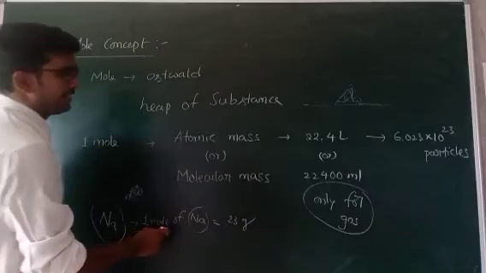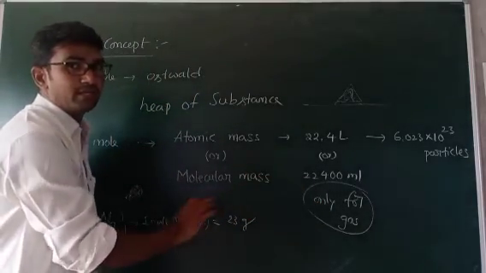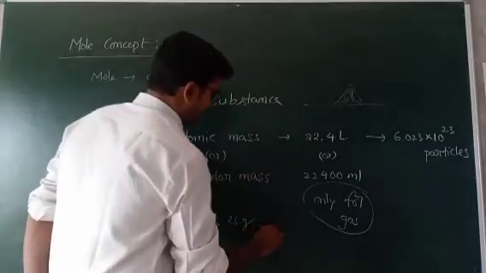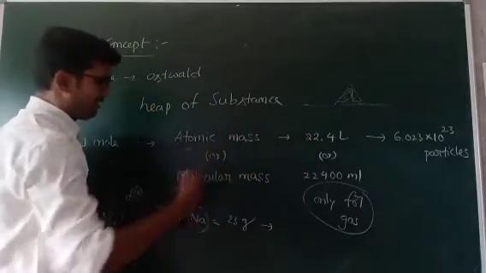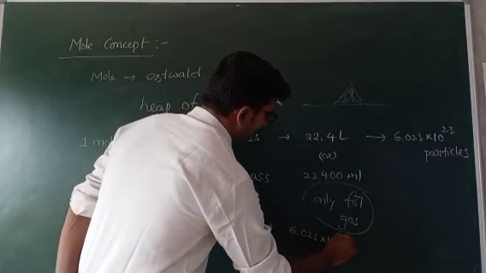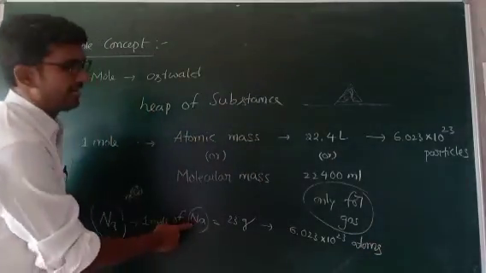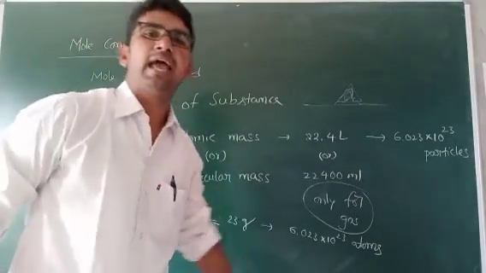And volume? Not applicable, because sodium is a solid material, so don't discuss this one. But 1 mole contains how many particles? 6.023 into 10 to the power of 23 atoms. Why? Because sodium is an atom, so we can directly express atoms.